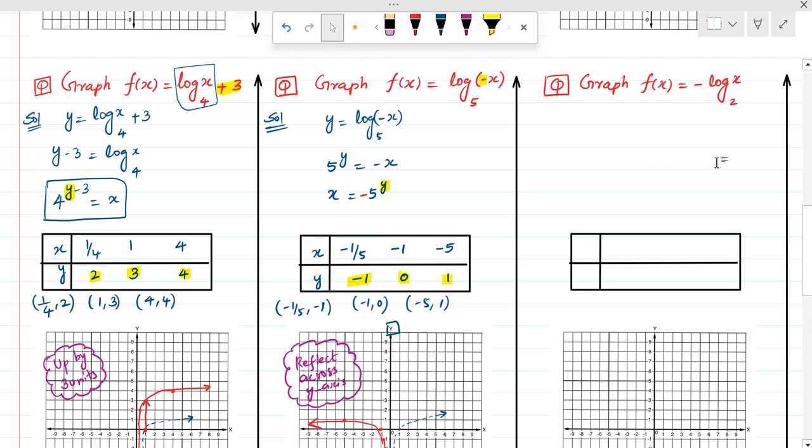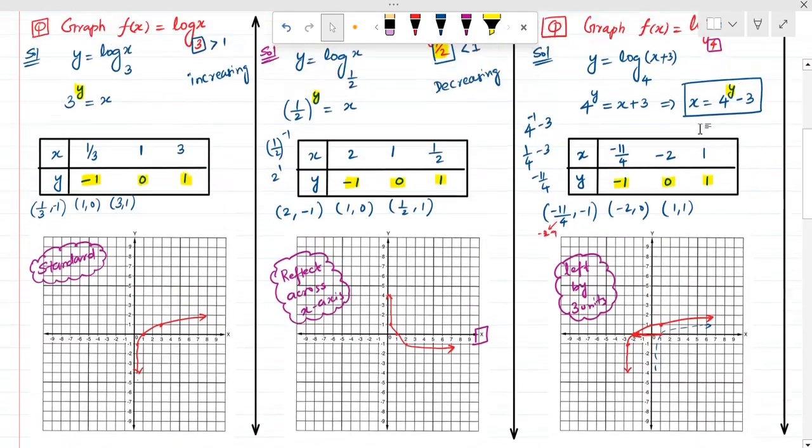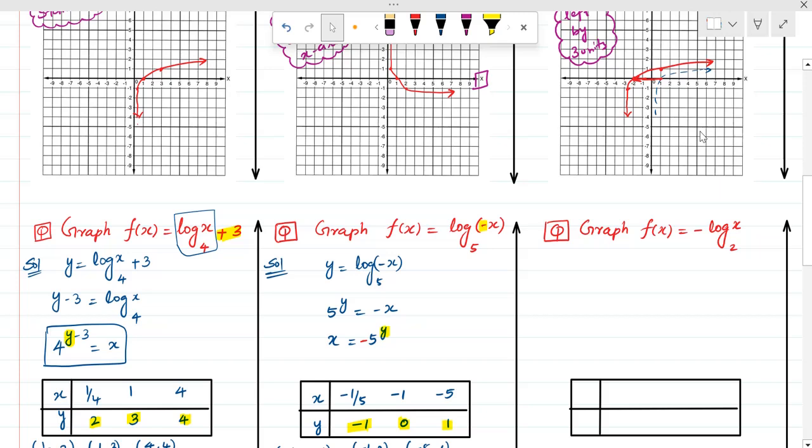Now the next one here, the minus is outside. What happens if the minus is outside? Given the function y equals minus log base 2 of x.